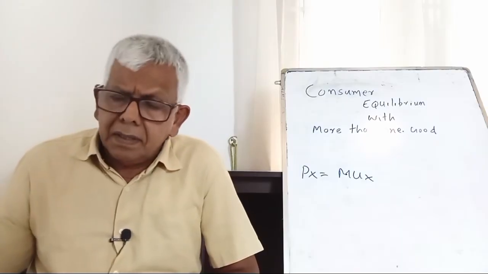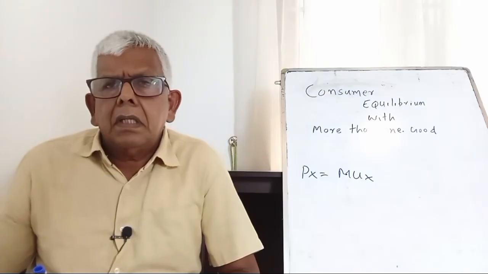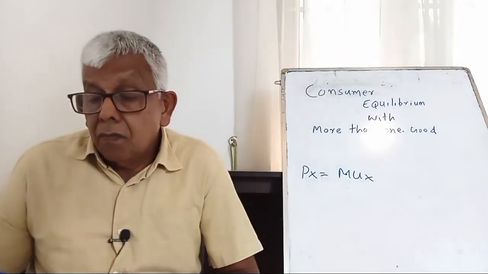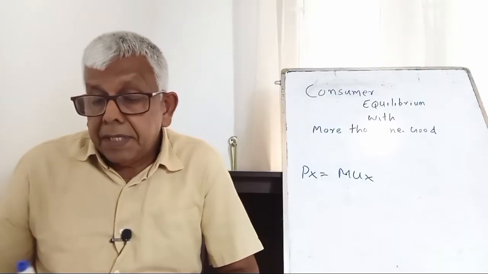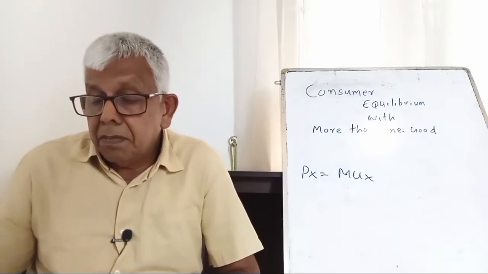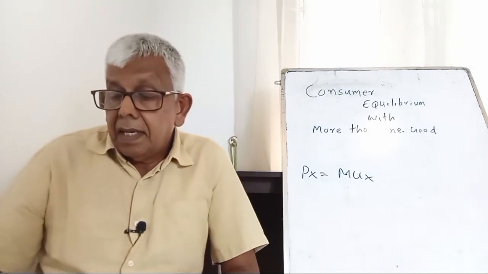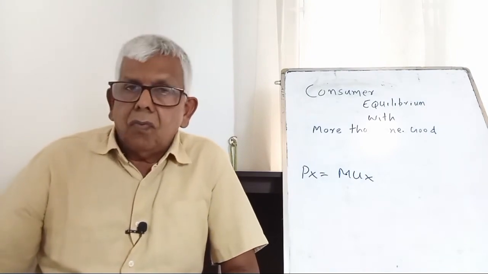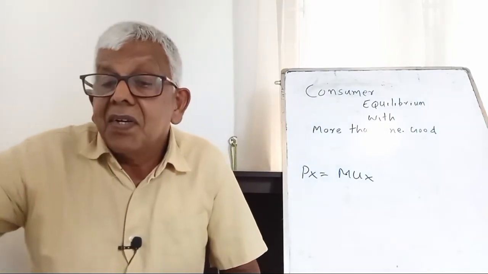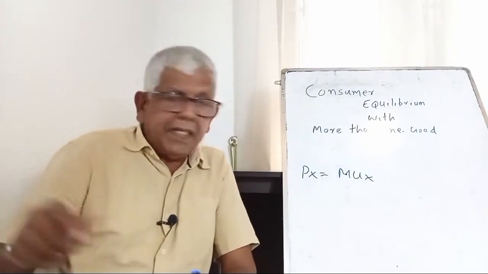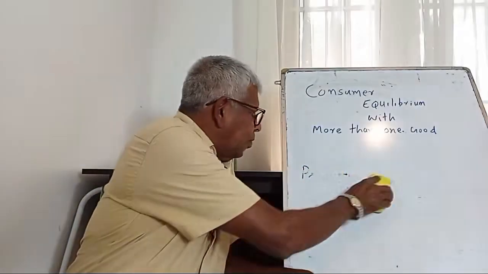Let us take only two goods, X and Y. For easy clarification, suppose the marginal utilities of X and Y are as follows. So, quantity, MUx, MUy.